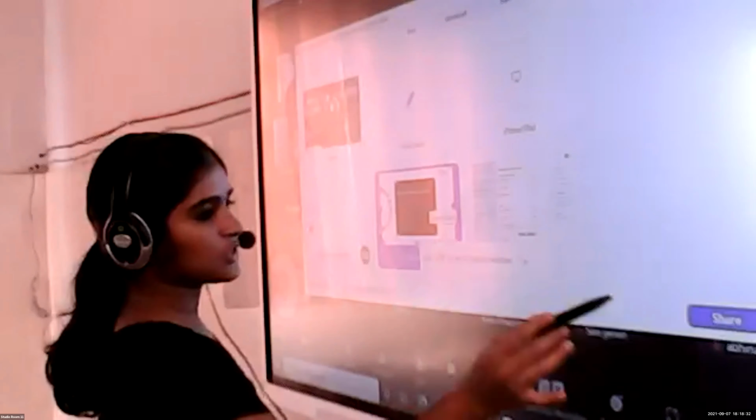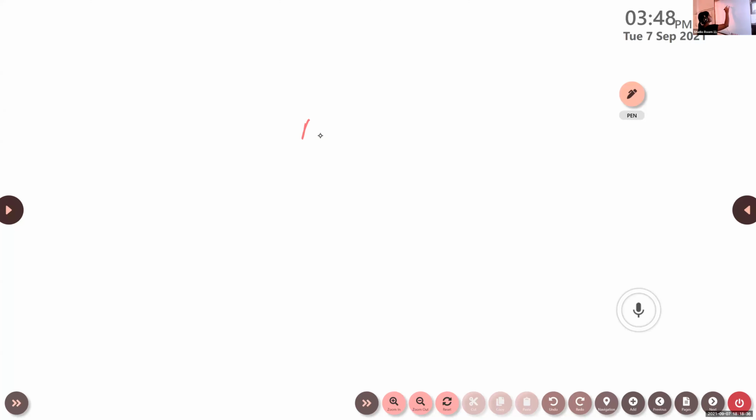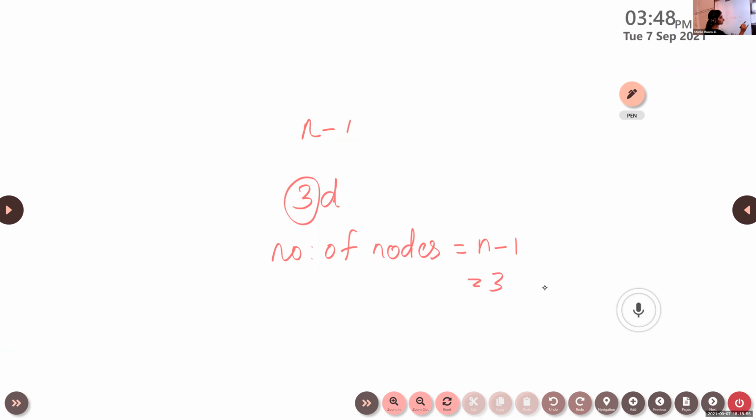I will give you the 3d question. N minus 1 is the equation to find the total number of nodes. So here n value is 3, so 3 minus 1 is equal to 2.